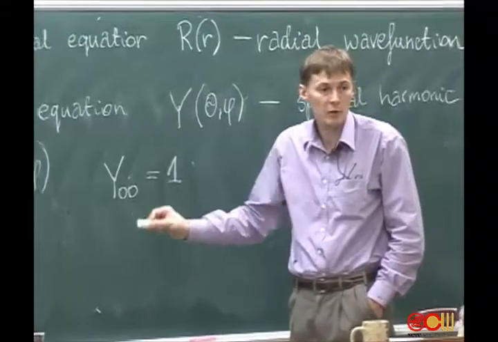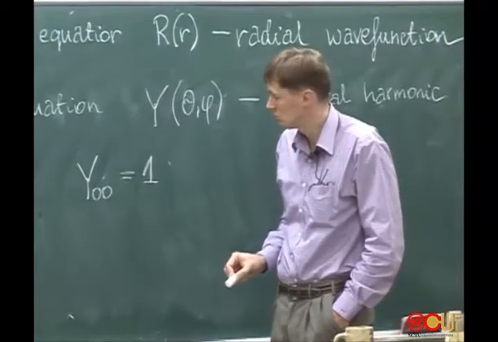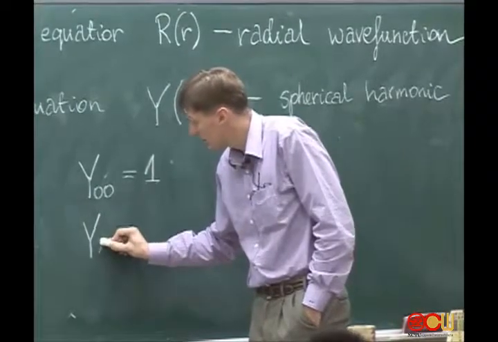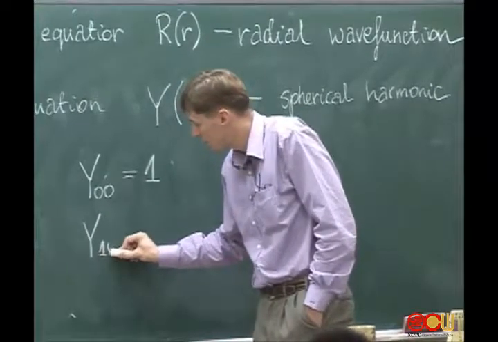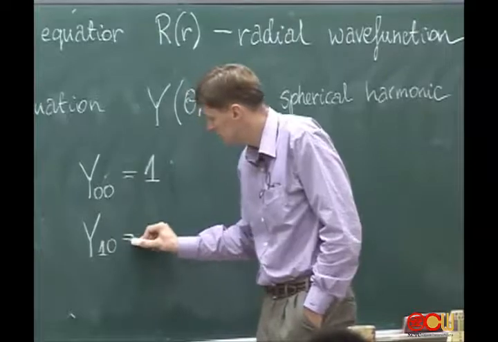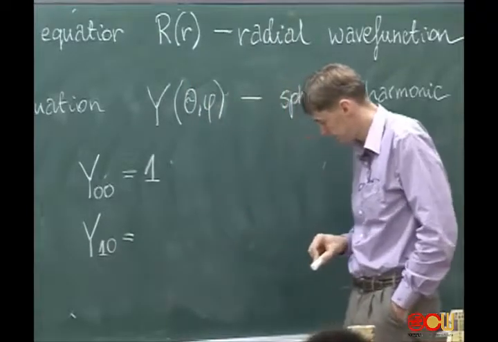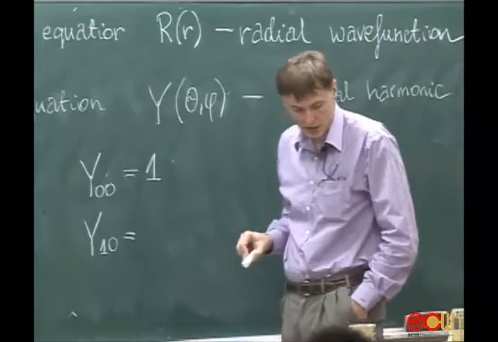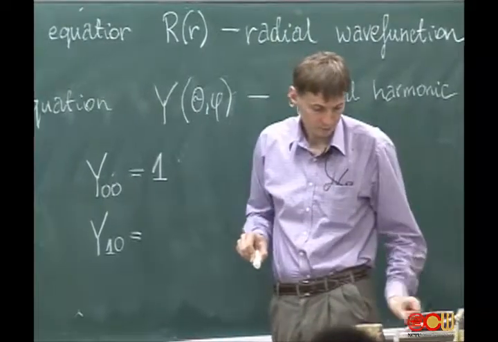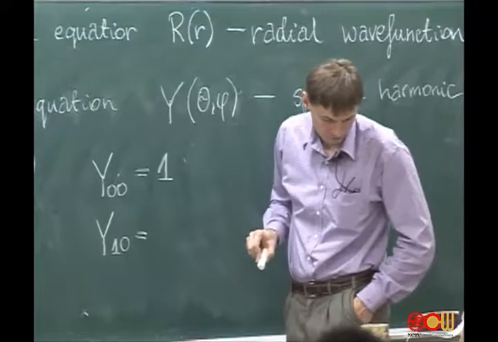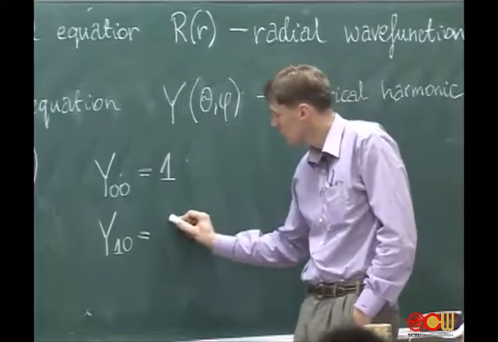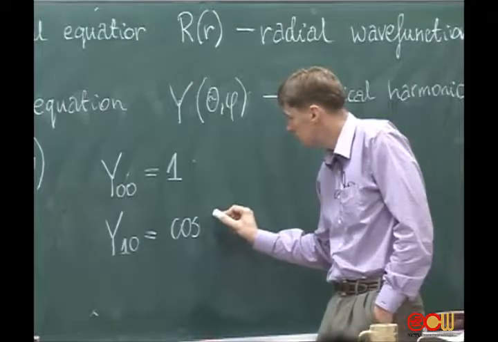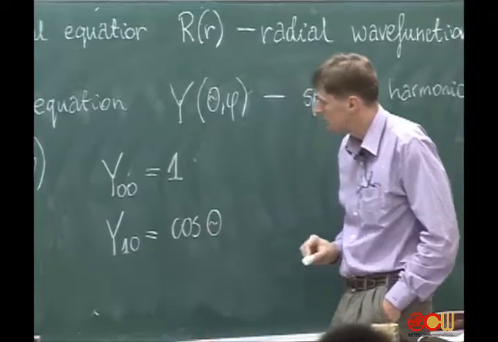Function that is everywhere 1. Second one is the function 1, 0. And this one is given by cosine theta.